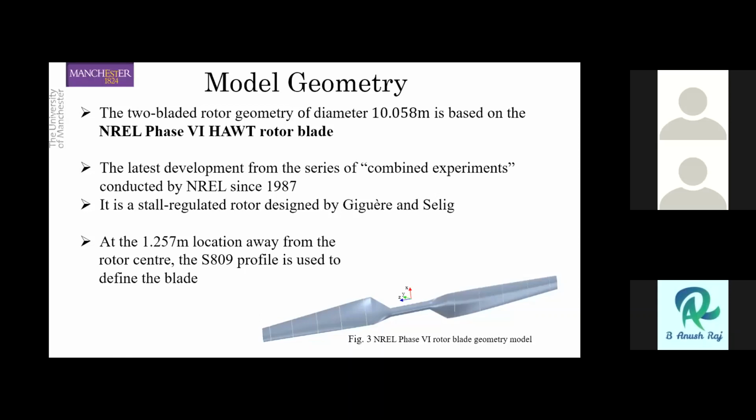The Phase VI wind turbine rotor is a stall-regulated rotor designed by Giguère and Selig, having a rated power of 19.8 kilowatt. The Phase VI wind turbine rotor has a diameter of 10.058 meter, full span pitch control, and a linearly tapered and non-linearly twisted blade. The rotor blade is completely composed of the S809 profile section from the root to the tip. Starting from here, from the root to the tip of the blade.